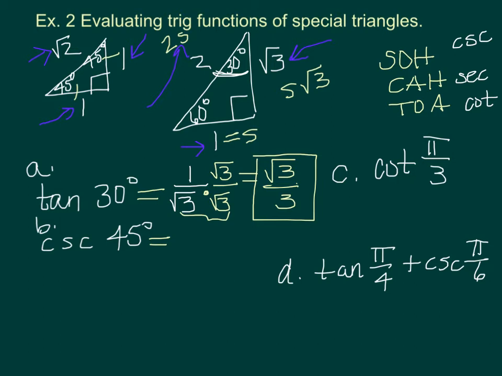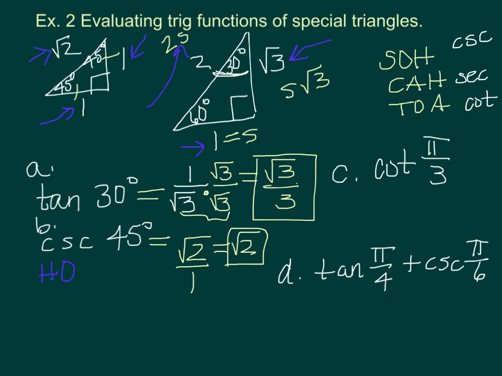Cosecant of 45. Cosecant is hypotenuse over opposite because it's the reciprocal of sine. So go to the 45 triangle. Hypotenuse is radical 2. And opposite could be either side, it's 1. So that answer is just radical 2. Okay, part C, cotangent of pi over 3.